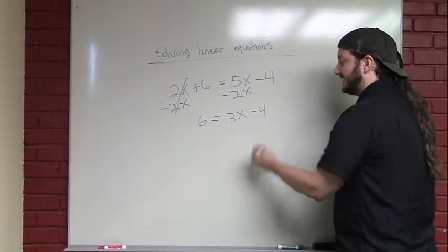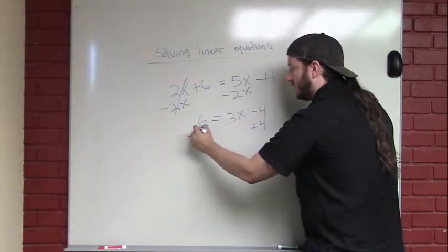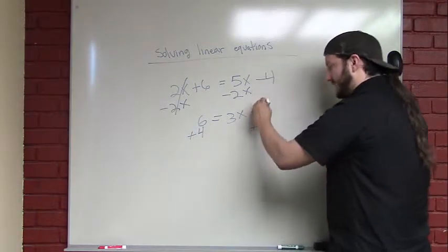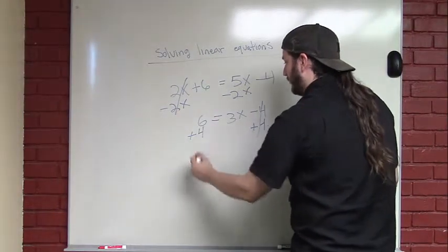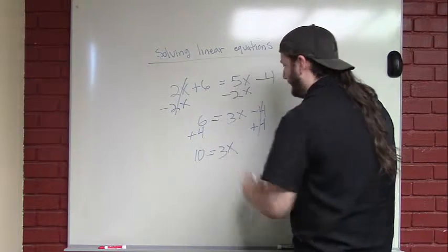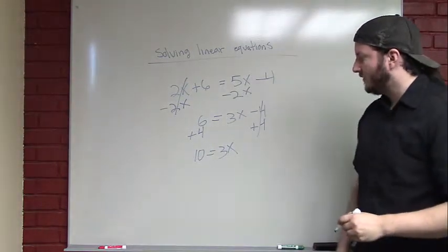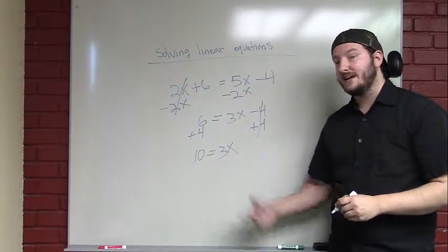So we start off with this number here. So we're going to add a 4 to both sides. That cancels out. 6 plus 4 is 10 equals 3x. Okay? Again, we're still looking for x, not 3x.